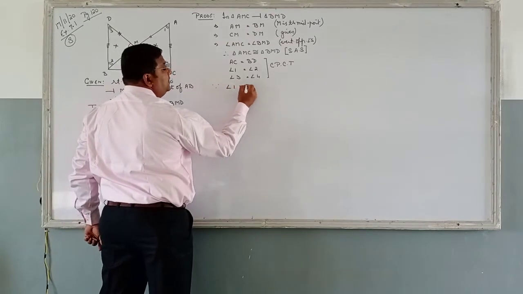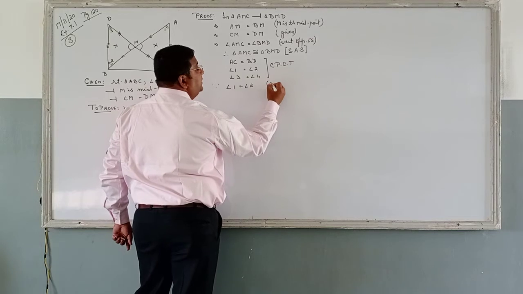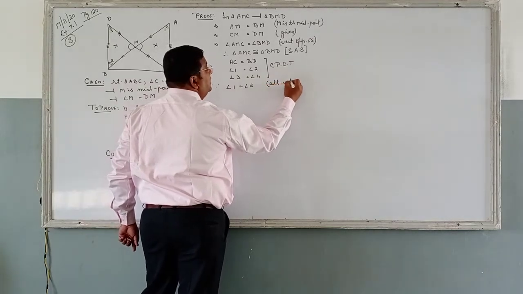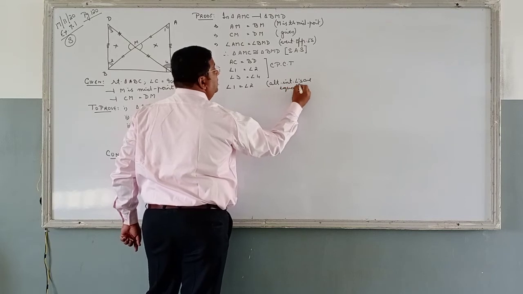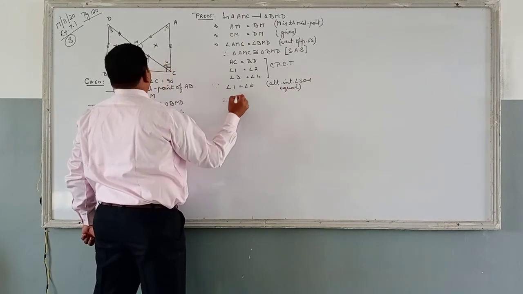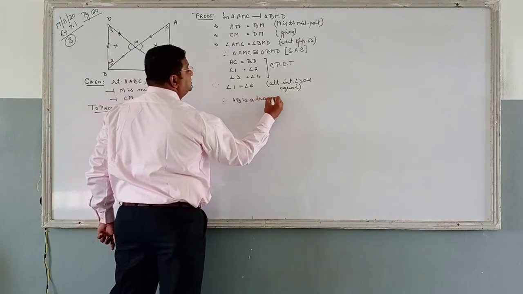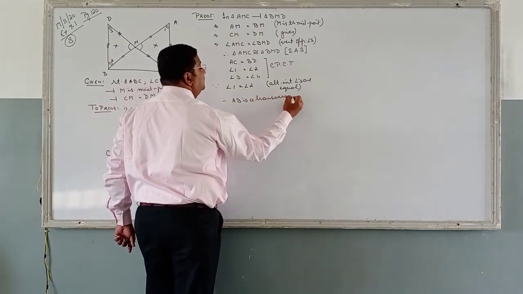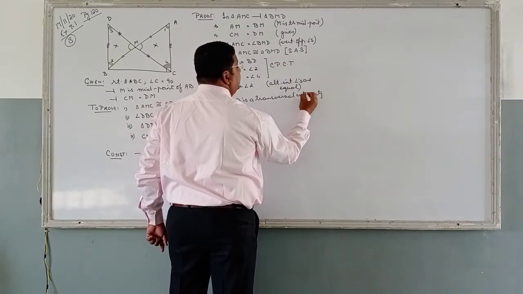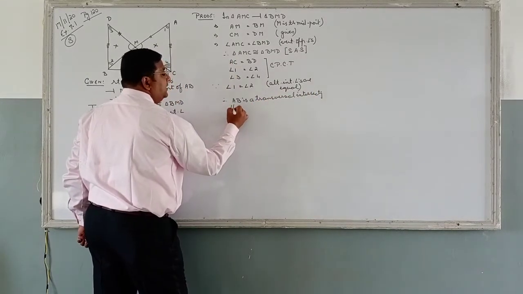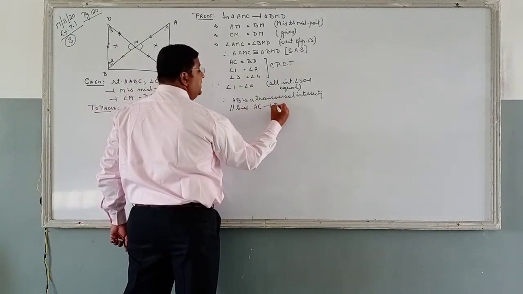Because angle 1 is equal to angle 2, that is, alternate interior angles are equal. Therefore, AB is a transversal intersecting parallel lines AC and BD.